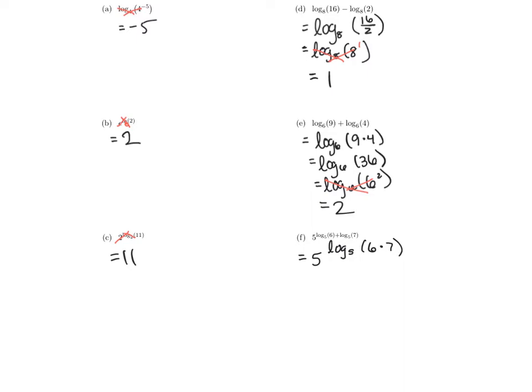And the reason being is that I have 2 logs of the same base being added together. So I'm going to multiply their insides. And this is going to be 5 to the power of log base 5 of 42. And now I look and I go, okay, big base, little base are the same. We'll cancel those out. And we're just going to be left with 42.